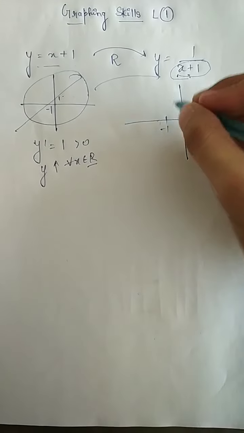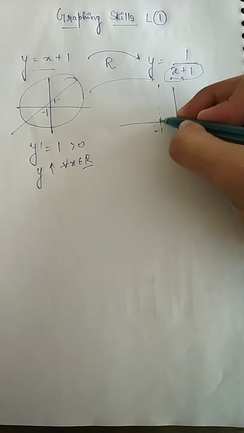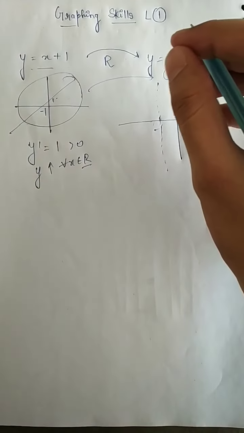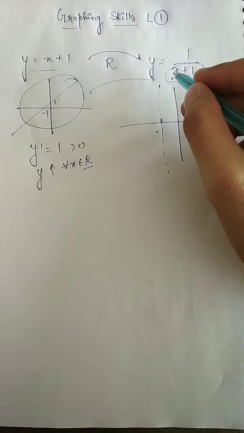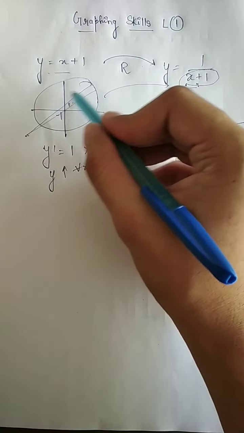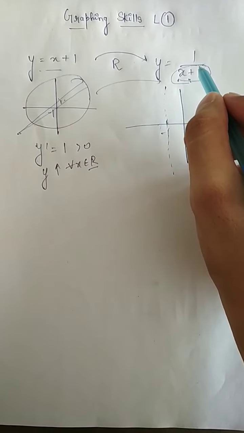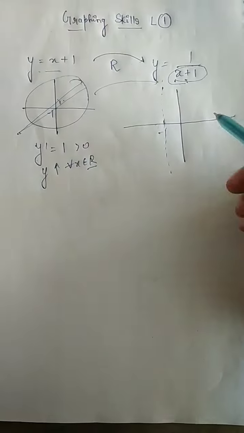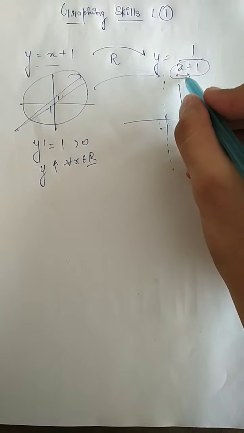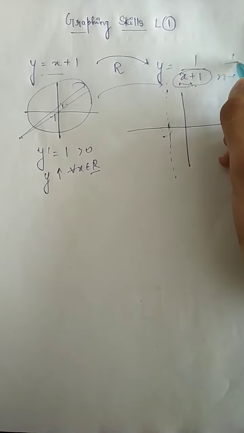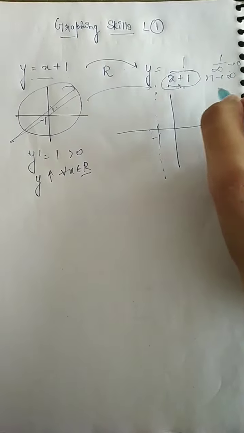So at minus 1 there will be an asymptote, because at minus 1 there will be no existence of this curve. And this function is always increasing, so the reciprocal will always be decreasing. And if we put infinity for x tending to infinity, it becomes 1 by infinity, which is basically 0.